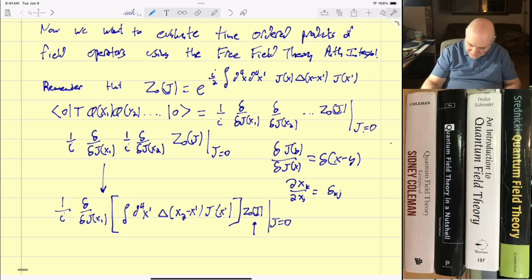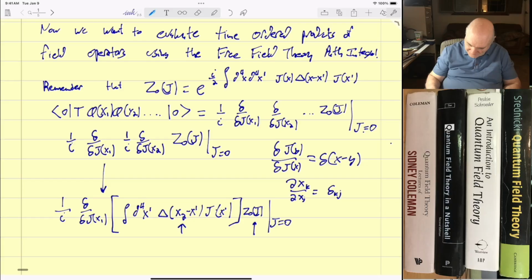When you integrate over x it just becomes x2, so that's why we get x2 over here. We keep the x prime, we keep the J(x prime). We're always doing 1 over i, so that cancels the i there. And the two factors cancel because while I did J(x), I could also do J(x prime), and the Feynman propagator is symmetric, so you always get the same thing.